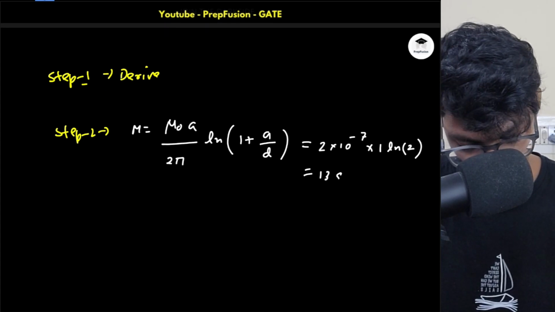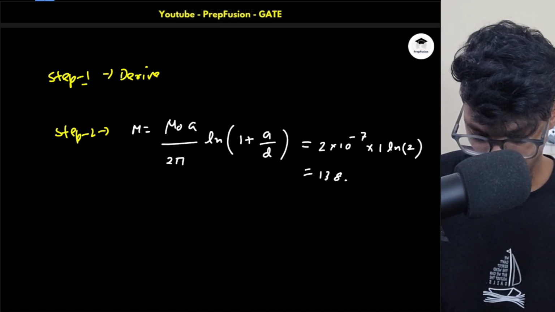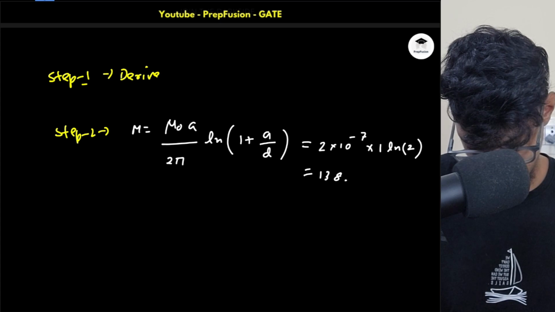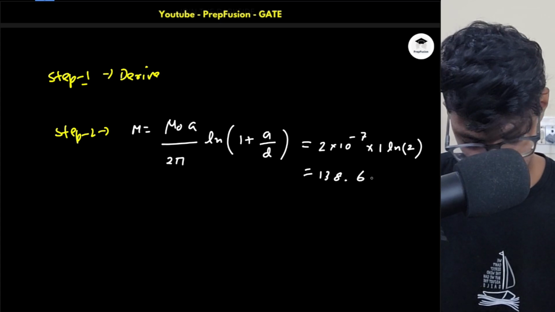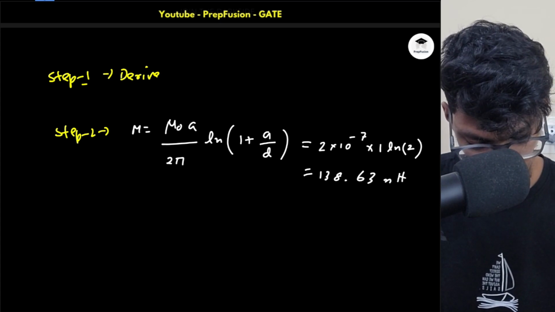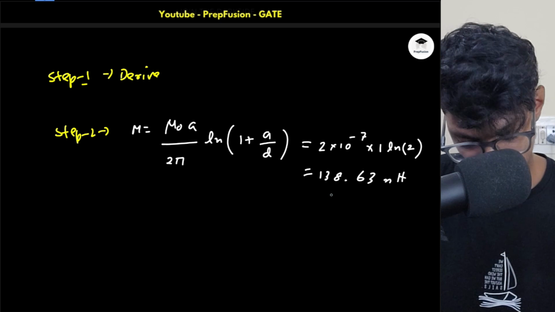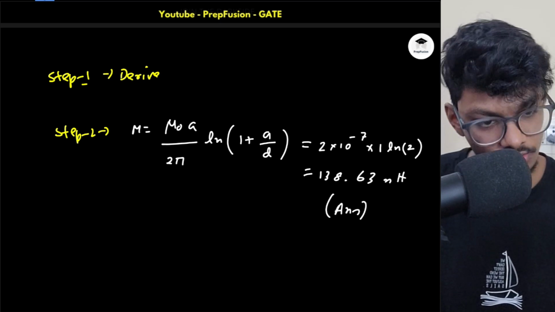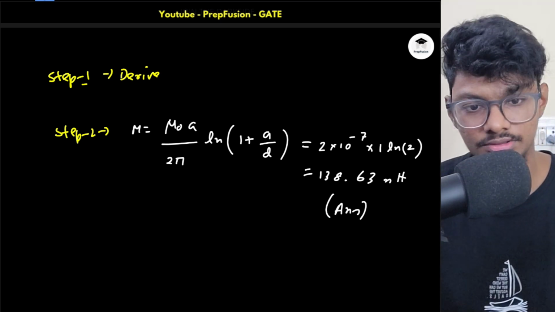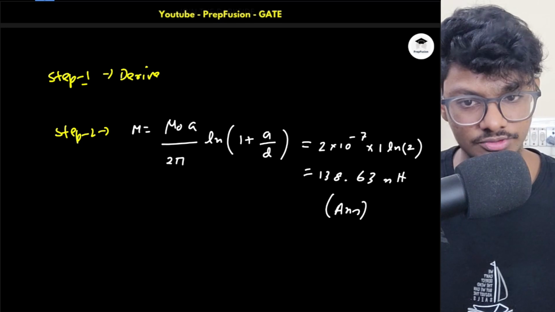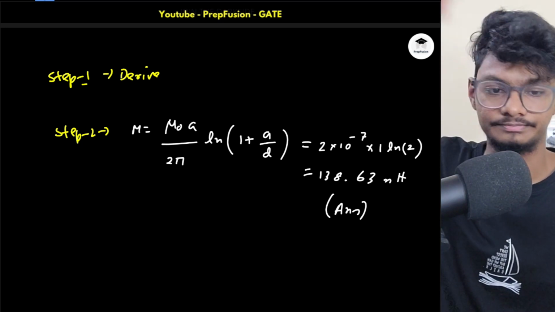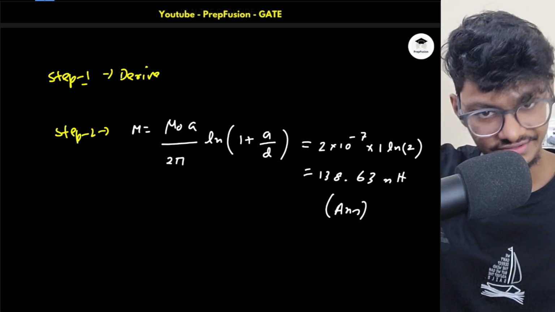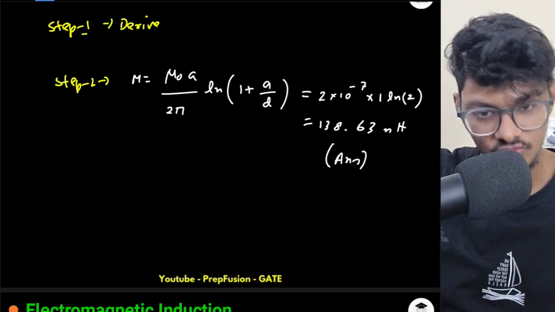This will be 138.63 nanohenry. This will be your answer. So exactly the same question can get asked in the examination, but with a bit of a twist. So I definitely recommend you do the derivation. You don't directly remember the formula.